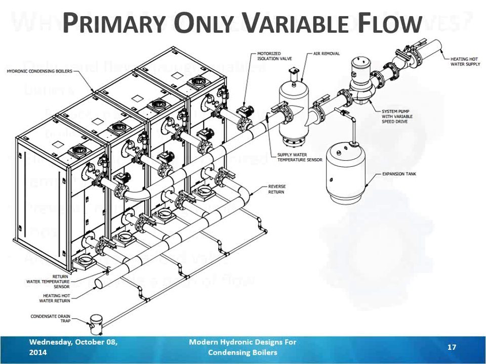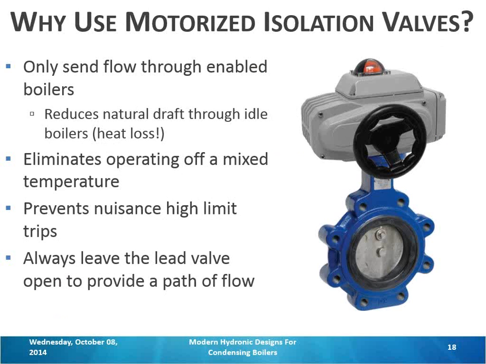From a controls perspective, though, what it allows you to do is eliminate a mixed temperature. I'm going to jump back one slide. If we did not have those valves, and we're setting up this primary-only layout, let's say we only have one boiler running. We have 100-degree water coming back, and we want 140 out to the system.